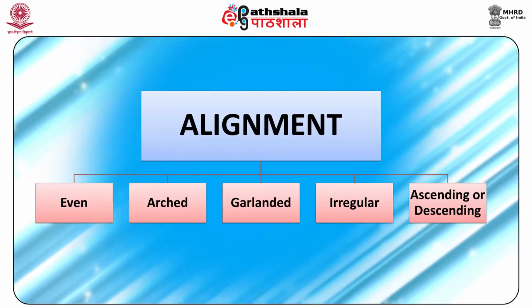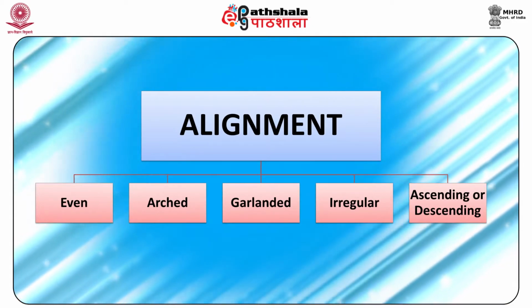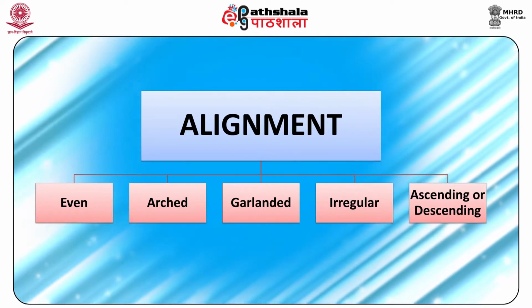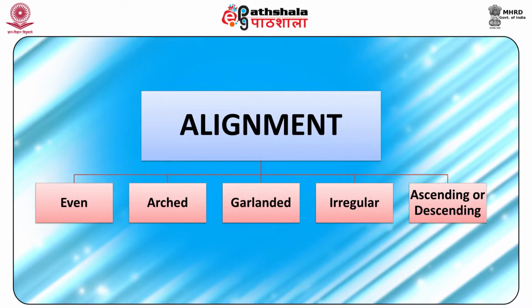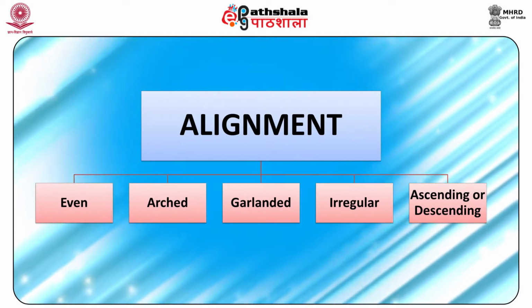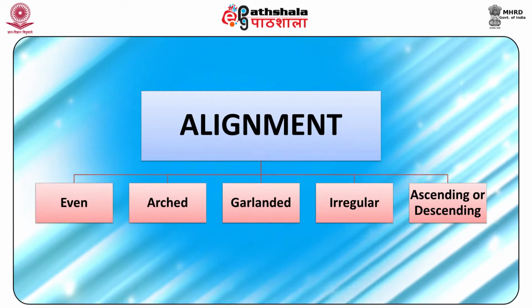The relation of the letters of a word, signature or written line to an actual or imaginary baseline is referred to as alignment. Types of alignment: even, arced, garlanded, irregular, ascending, descending.